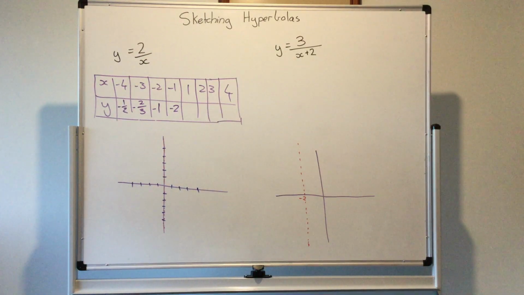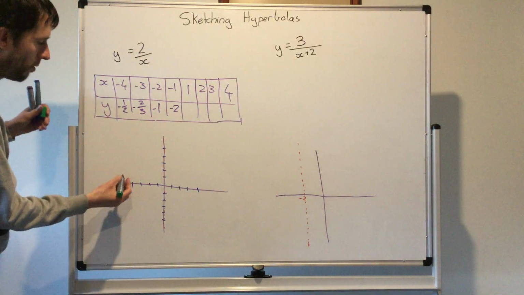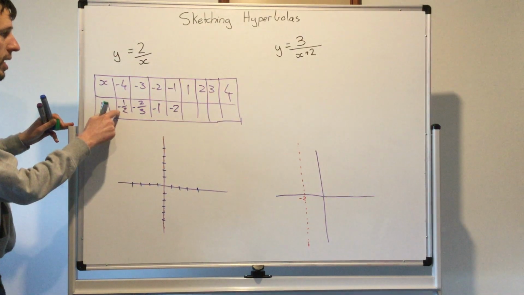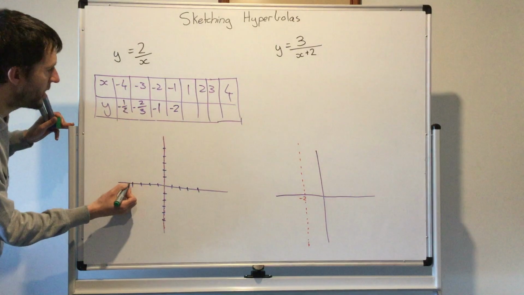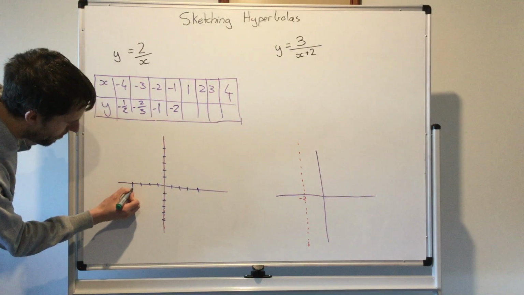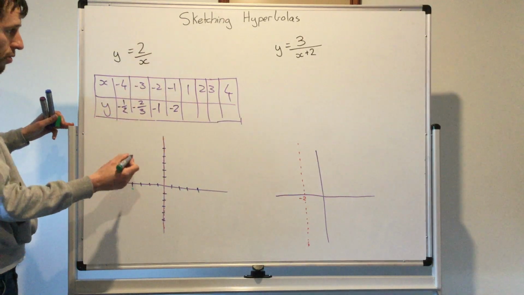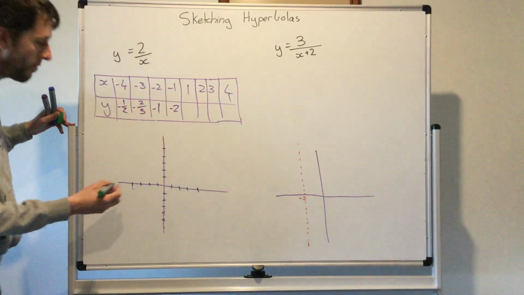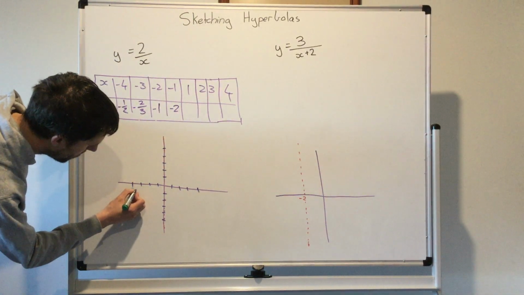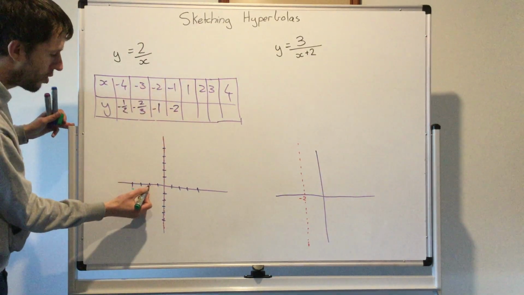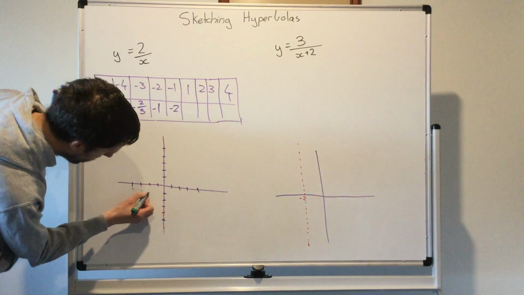When x is -4, which is here, y is -1/2. Then -3 is -2/3. And when it's -2, it is -1.